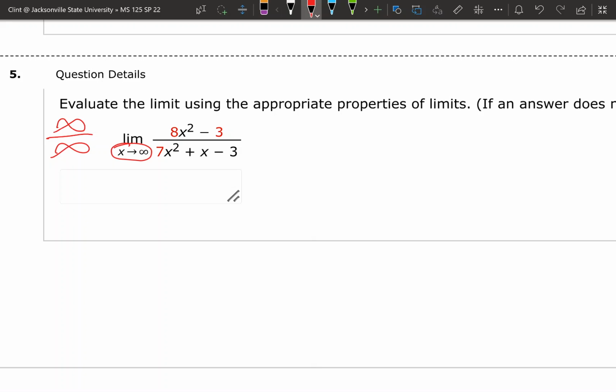So now we have 2 methods of handling this one. L'Hopital's rule is a possibility because you can use L'Hopital's rule when we have infinity over infinity. Or the other way that we dealt with these, you may remember? Yeah, we can divide everything by the biggest power of x in the denominator.